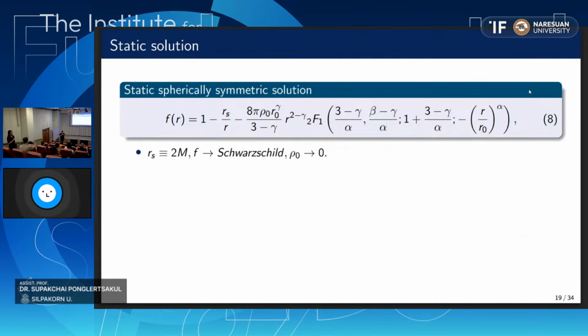A non-zero R_s means you have a singularity at the center of your solution, an infinity point in the center of the black hole.